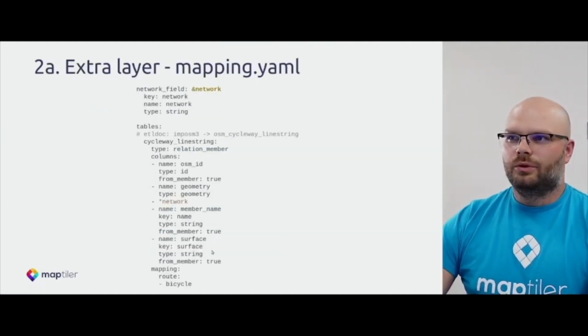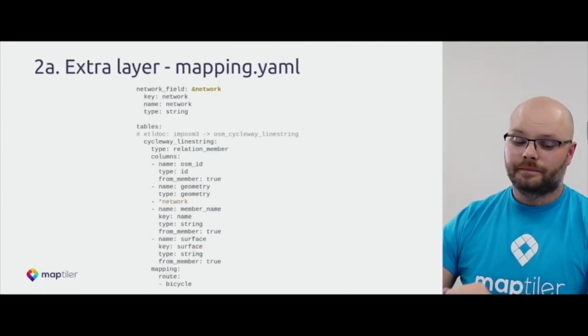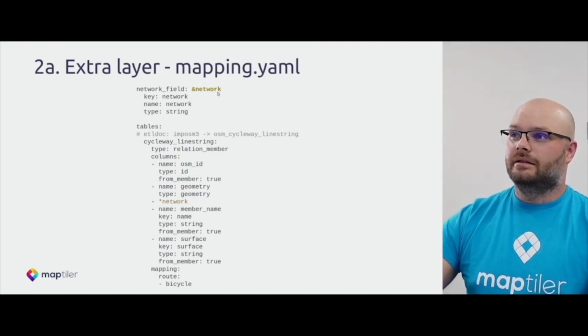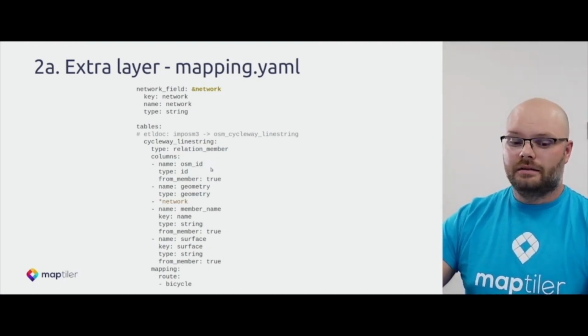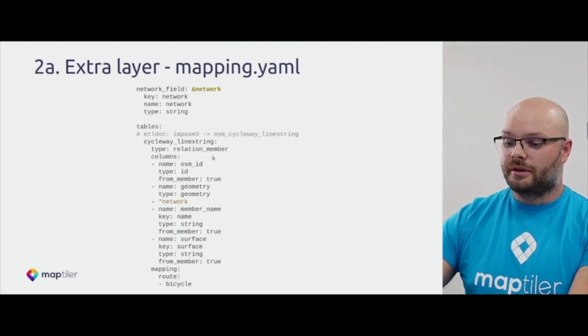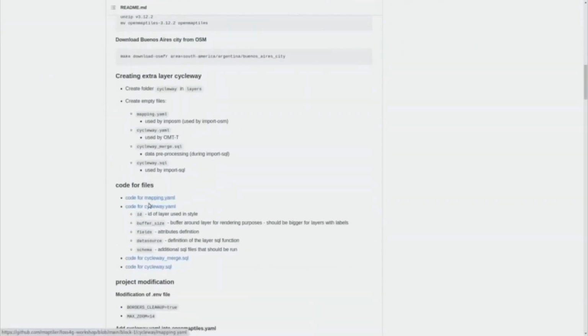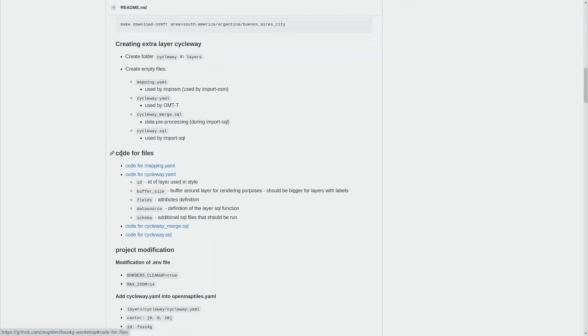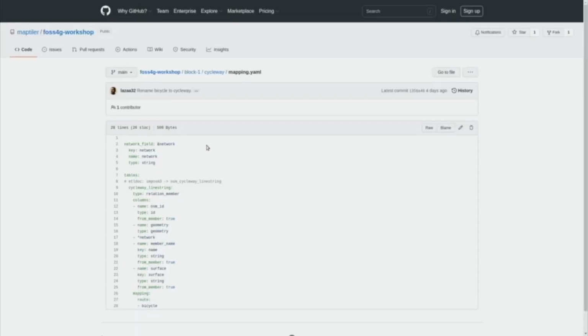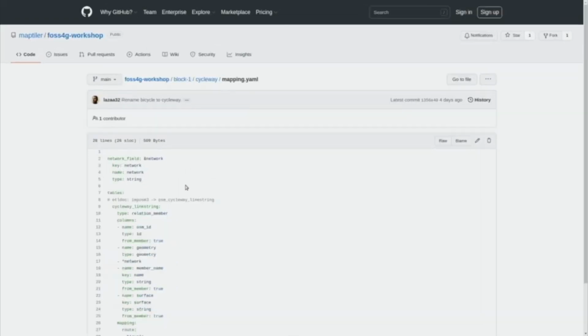This is how the mapping file looks. You can find this file in the GitHub repository. Then you can use the hyperlink in codes for files, where the first one is the mapping YAML. I will show you here.